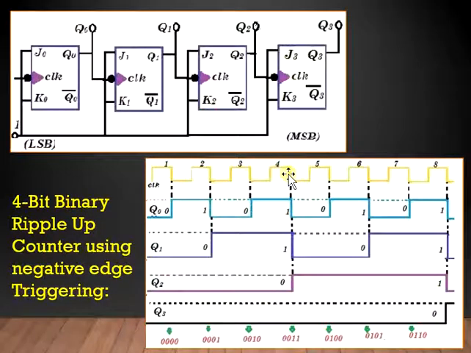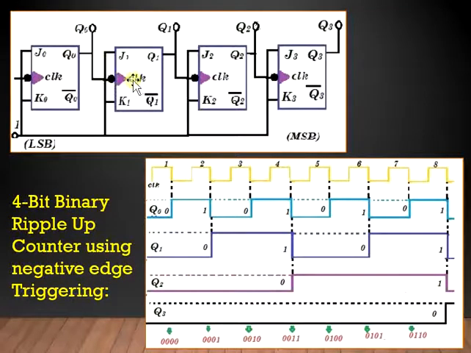The next thing would be to design a 4-bit binary ripple up counter using negative edge triggering JK flip-flops. In this case, I have considered the 4-bit binary flip-flops. How do I say this is 4-bit? It is because I have considered 4 JK flip-flops, and I need to count in the upward direction using the negative edge triggering.